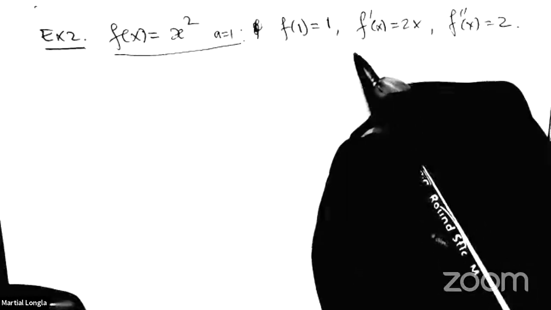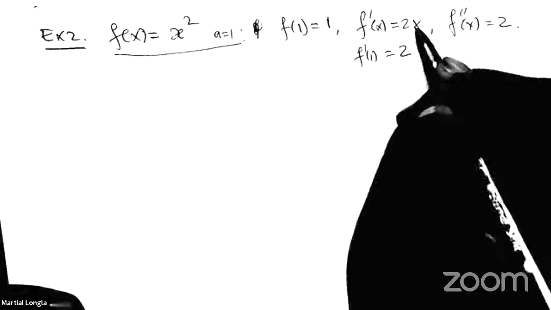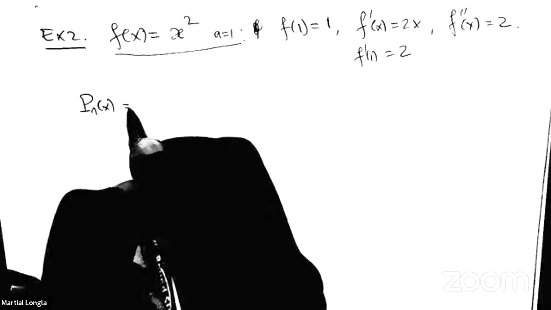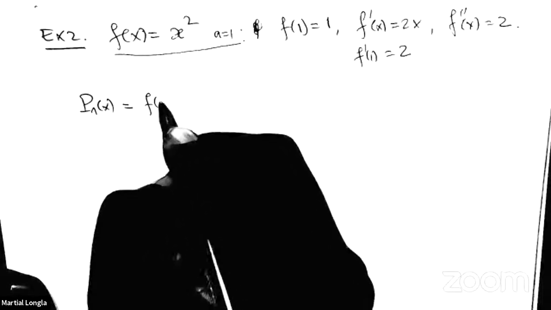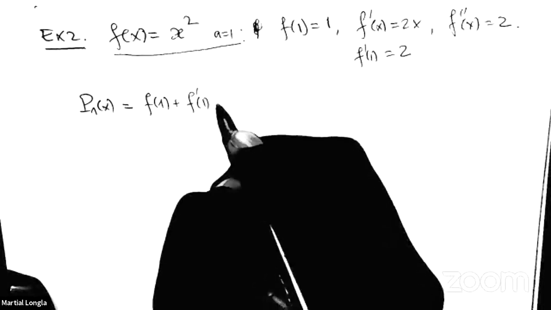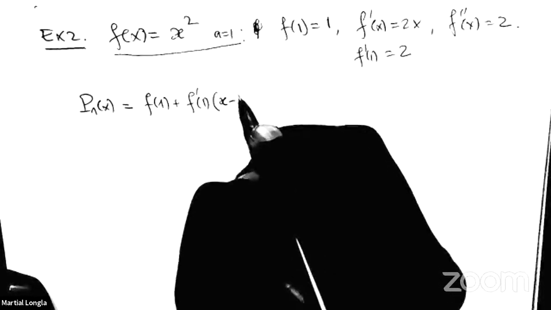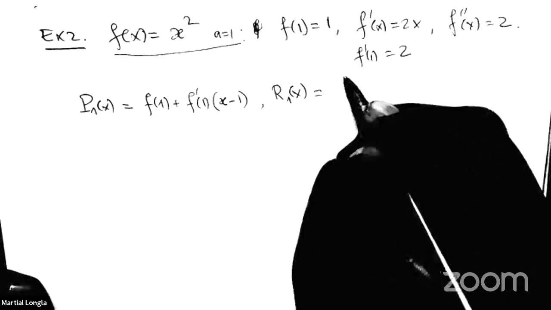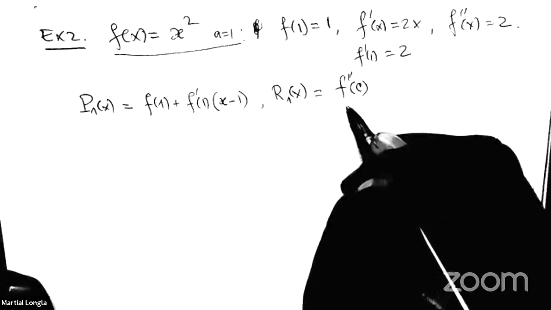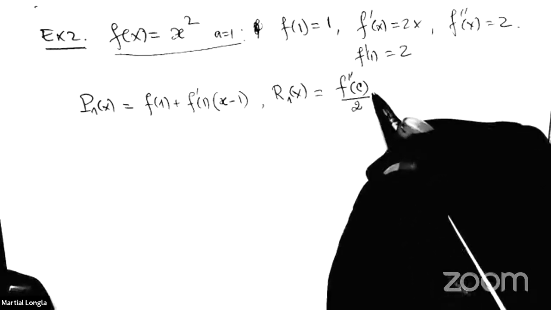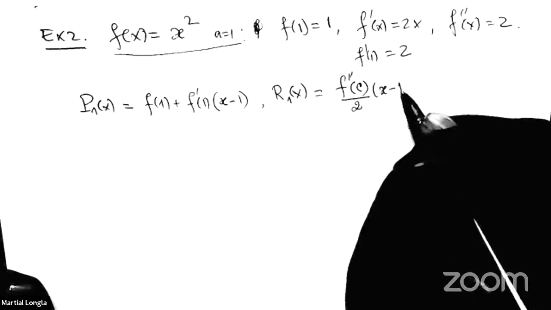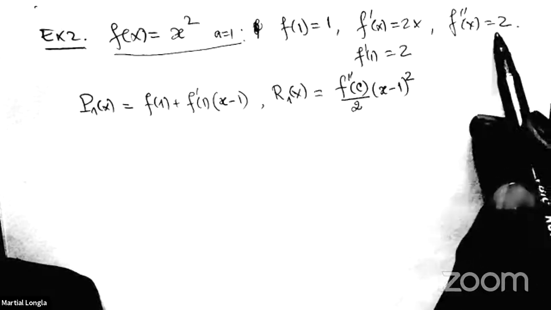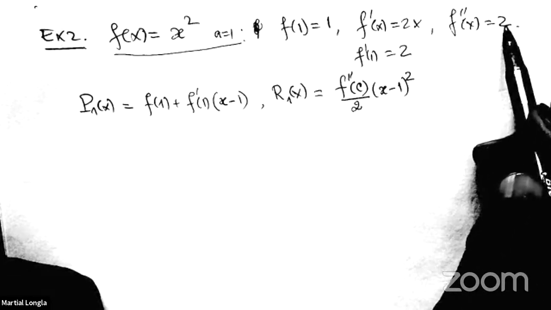And so f prime of 1 is 2 times 1, 2. And so p1 of x is f of 1 plus f prime of 1 times x minus 1. And r1 of x is the second derivative at some point c over 2 times x minus 1 squared. And the second derivative at any point is 2, right?